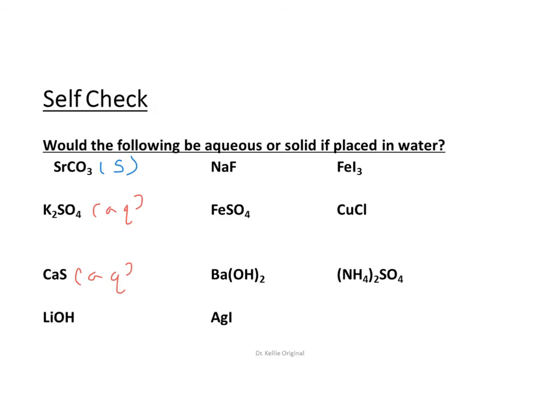Anything that contains lithium, which is a group 1A element, is soluble. Sodium's a group 1A element, so it's soluble up here. Then we have iron 2 sulfate. Anything that contains sulfate is soluble.